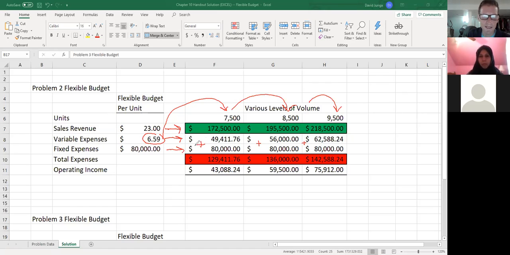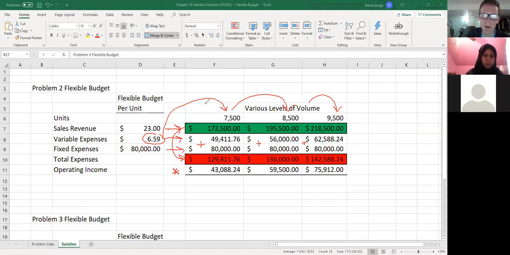And then once I did that, this last row is just taking your sales revenue and subtracting out your expenses. So the 43,088 is just 172,500 minus the 129,411. I put it in this format because that's how it was given in the handout. But on the next problem, I'm going to work with you.